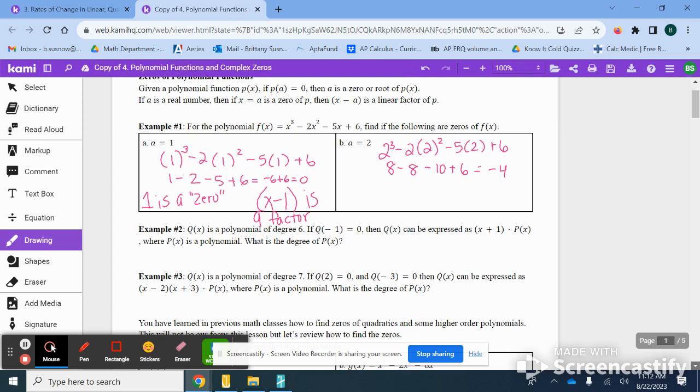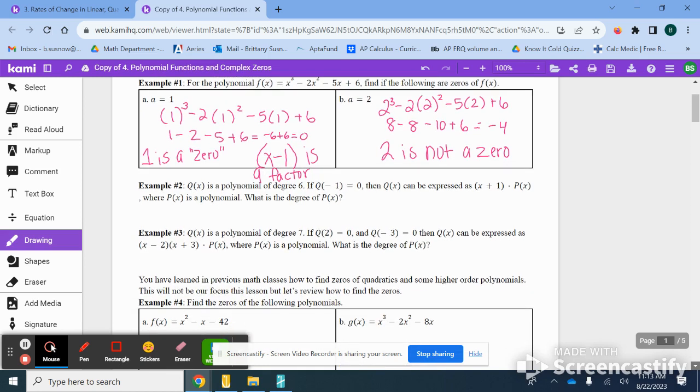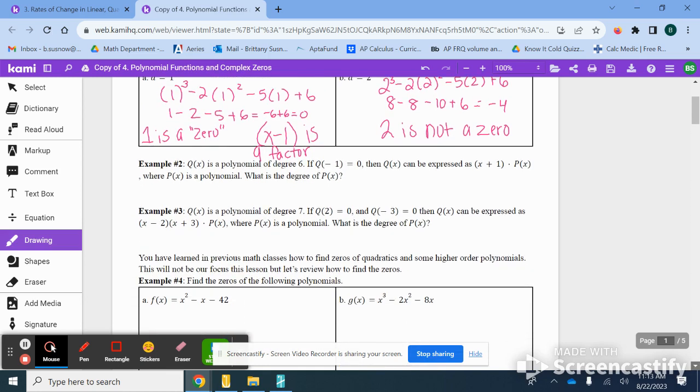That means 2 is not a 0. 2 is not an x-intercept. 2 is not a 0. Very easy. Plugging it in. And that just shows you that it is an x-intercept if it gets 0.